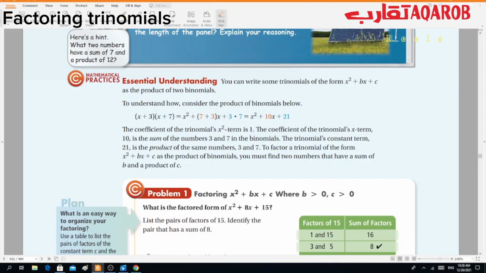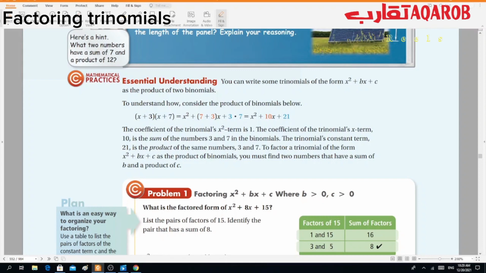To learn these rules in an easy way, let's find together how I can multiply two binomials, okay? x plus 3 times x plus 7. How to multiply it? If you notice, miss, I will use, for example, the FOIL method.